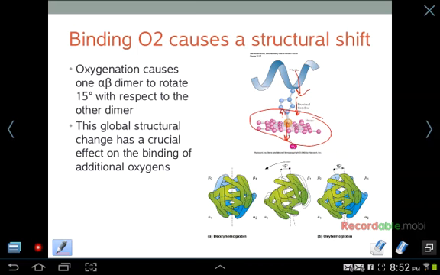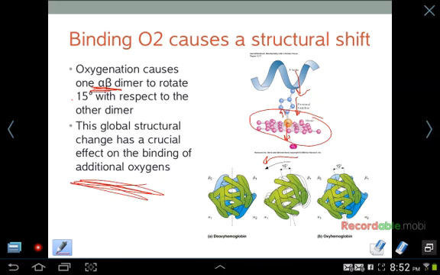Now, in myoglobin, we really didn't see too much of an effect of that, but what that does in hemoglobin is that it causes the entire alpha-beta dimer to rotate 15 degrees with respect to the other dimer. And this global structure has a crucial effect on the binding of additional oxygens, as we will see later.